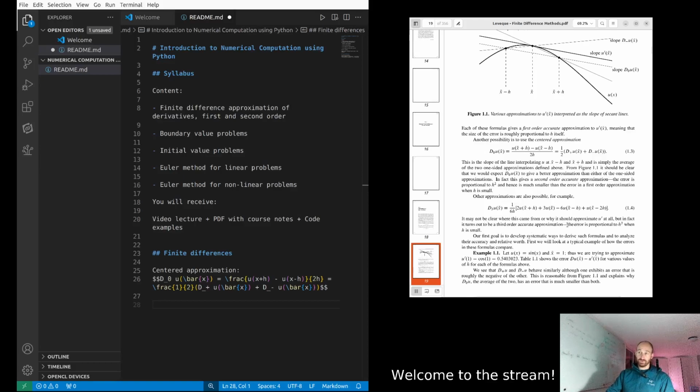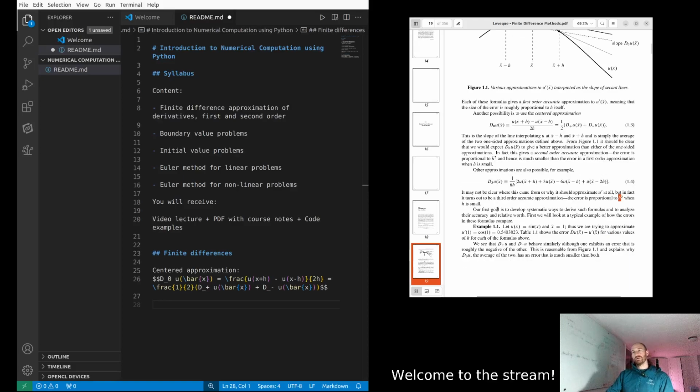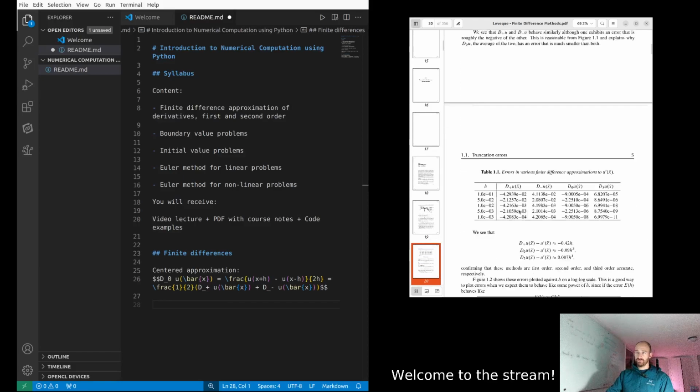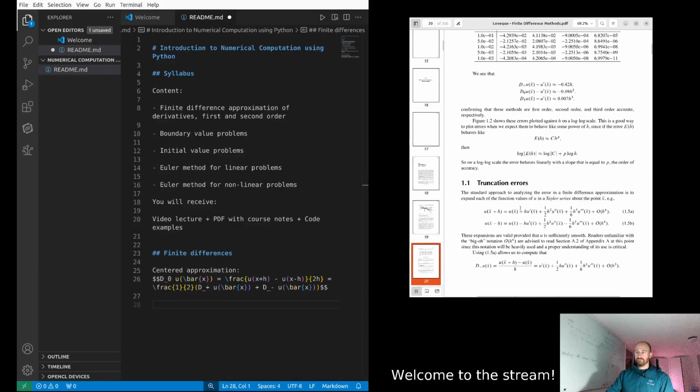In fact, it works so well that the error is proportional to h cubed, meaning it's a better approximation when h is very small. In this book, they go into the theory of how you derive these formulas to make them very accurate in a more general way, and they teach you about the errors.